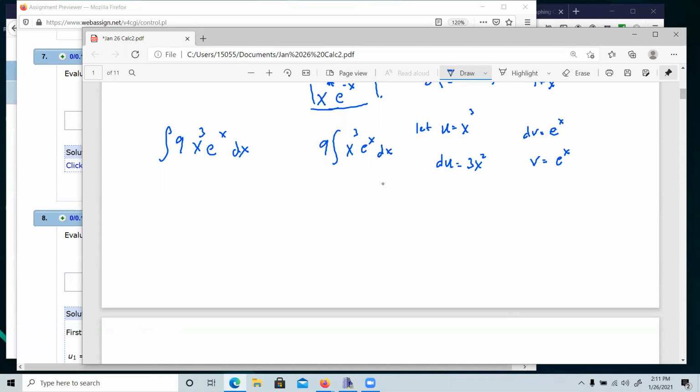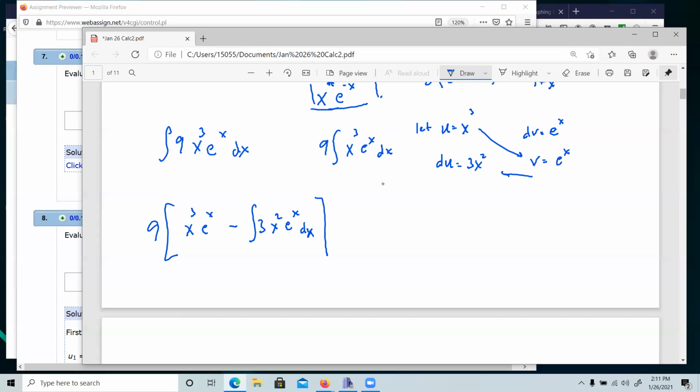It's very nice they did this one to us to minimize how much stuff was going to go on here. So to do our integration, we have x cubed e to the x minus 3x squared e to the x. Okay, so we have 9, and we have x to the 3 e to the x minus integral 3x squared e to the x dx.